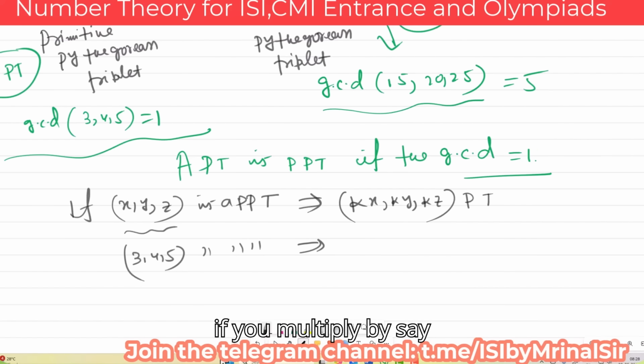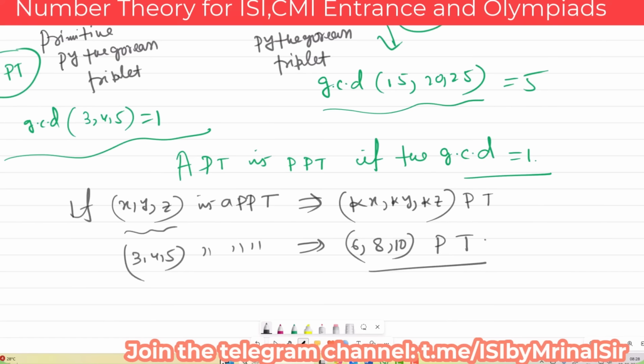But if you multiply by, say, 2, you get 6, 8, 10, which is just a Pythagorean triplet. Okay?